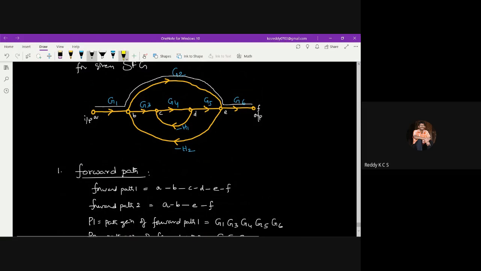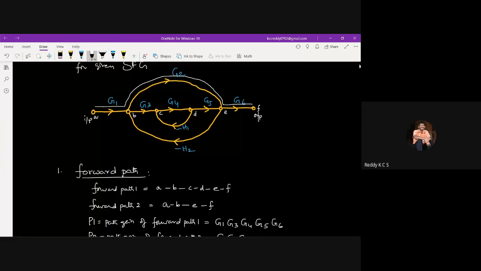See here, how to identify a loop. For a feedback loop, a signal has to generate from one particular node, pass through another node, and terminate at the same generating node.